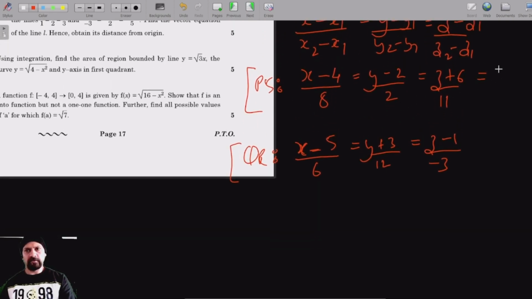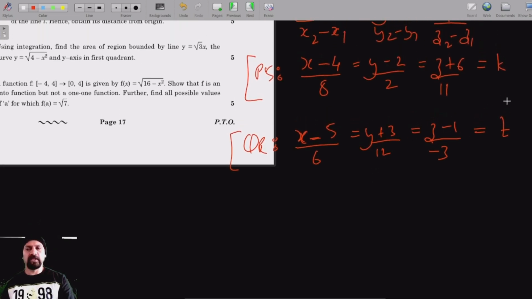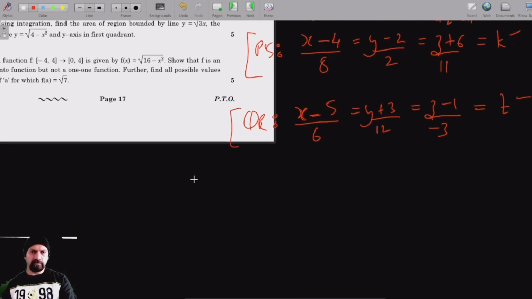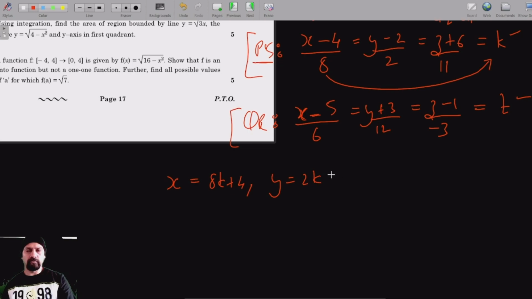And let's say this is equal to some constant k and this is equal to some constant t. For some values of k and t, let's get the general points for diagonal PS. If we equate this with k, then x is equal to 8k plus 4 and y is equal to 2k plus 2, and z is equal to 11k minus 6.